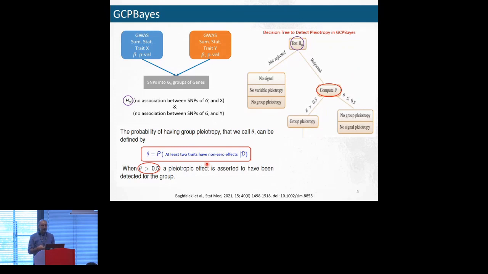After computing theta, if theta exceeds the threshold value, we can say that we have a candidate gene that might have a pleiotropy effect. Because we are talking about a probability, we consider 0.5 as the threshold, but the user can use any threshold they want.